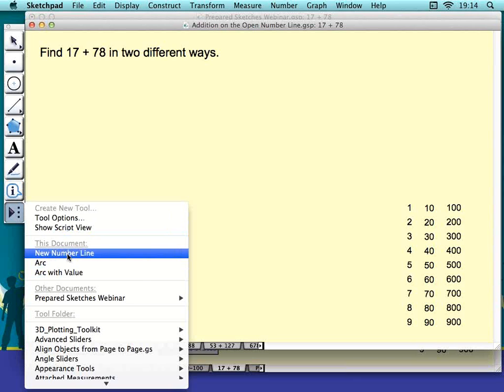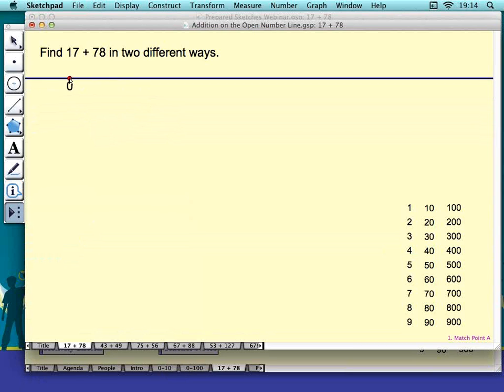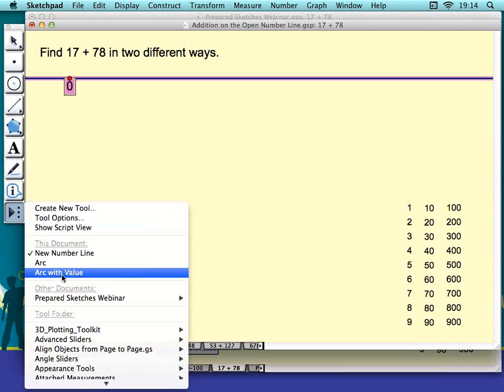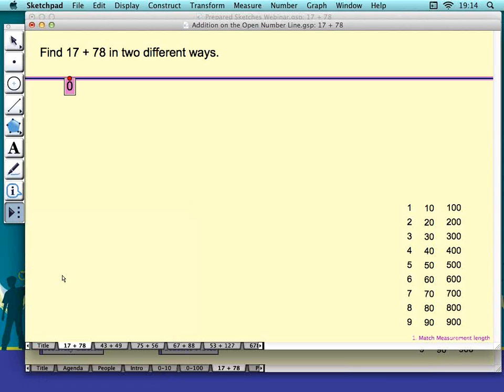Those are the two that we'll use at the moment. So a new number line just gives me a number line with a 0 on it. Okay. And we want to find 17 plus 78 in two different ways. For that, we're going to use the arc with value tool.